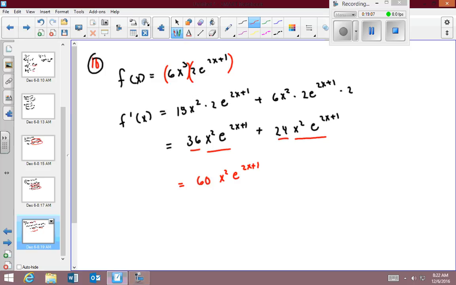So this is 6x cubed right here. Okay, then that's a cube. Now then, that's not going to work. Now when you factor out, you're going to factor out 12 x squared e to the 2x plus 1, and then that'll be 3 plus 2x. That's what it is.